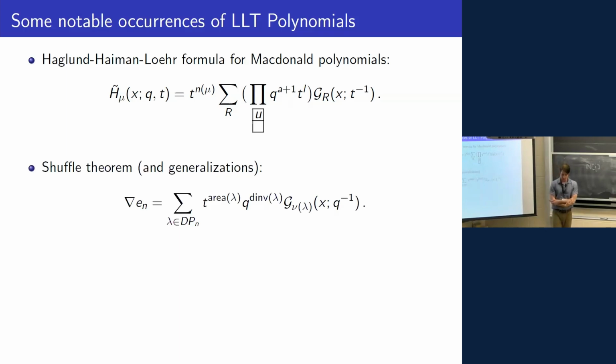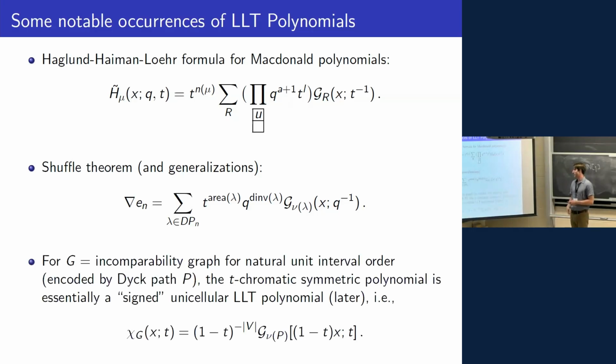There's also something called the shuffle theorem, and a lot of its generalizations. This has been a big business in a certain corner of algebraic combinatorics, where you had some algebraic thing coming from representation theory, and you wrote it combinatorially in terms of LLT polynomials. And then a third application: people have been talking for many years about chromatic symmetric functions.